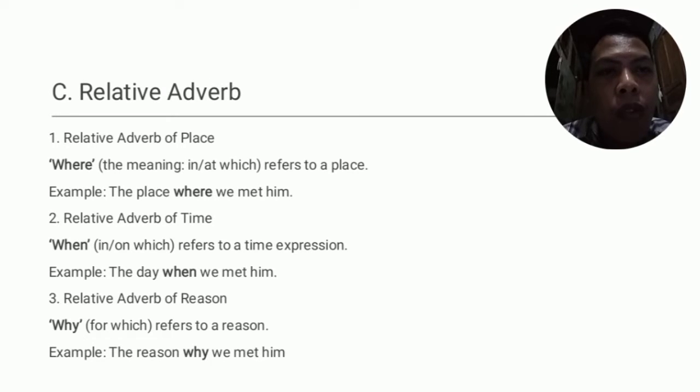Relative adverb of time, when, meaning in or on which, refers to a time expression. Example: the day when we met him. Number 3. Relative adverb of reason, why, meaning for which, refers to a reason. Example: the reason why we met him.